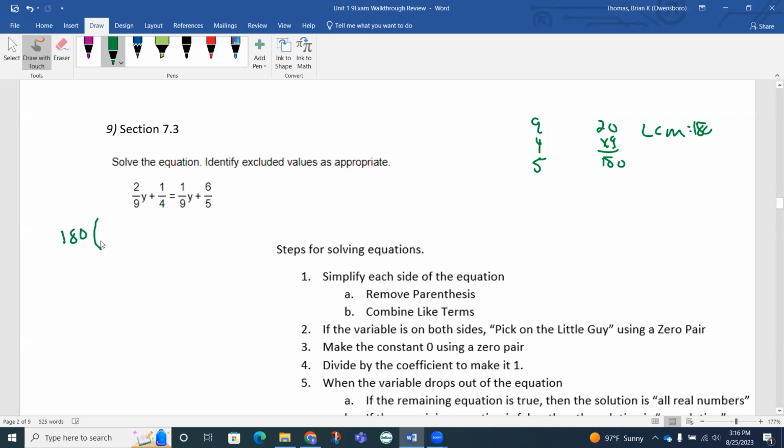If you want to, you can multiply by each fraction one at a time, by 9, by 5, and then by the 4. This will do it all at once. On the left side, I'm going to multiply the whole left side by 180, so 2/9 y plus 1/4 goes here.